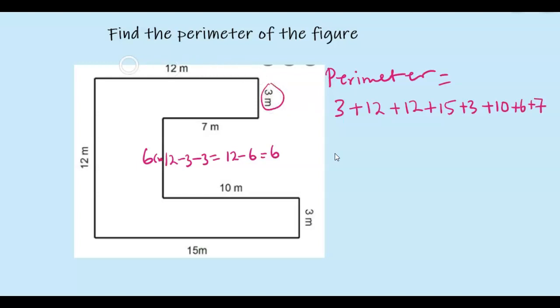You realize that most of the time I go counterclockwise. You can go in any direction. Make sure you add everything up. That gives us 68 meters.